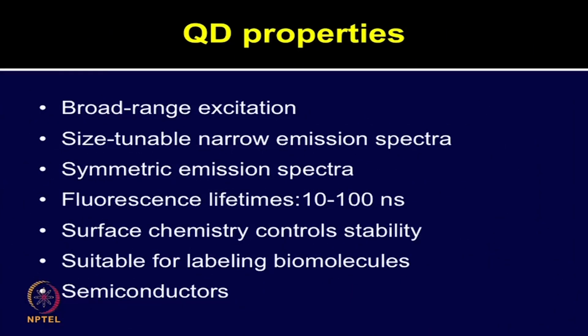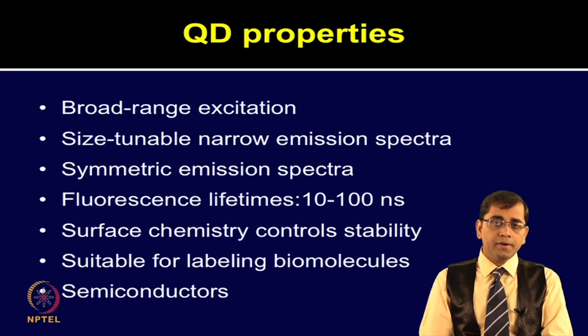So, what are the different properties of quantum dots? They have broad range excitation, and size tunable, narrow as well as symmetric emission spectra. Their fluorescence lifetime ranges between 10 to 100 nanoseconds and the surface chemistry controls their stability.